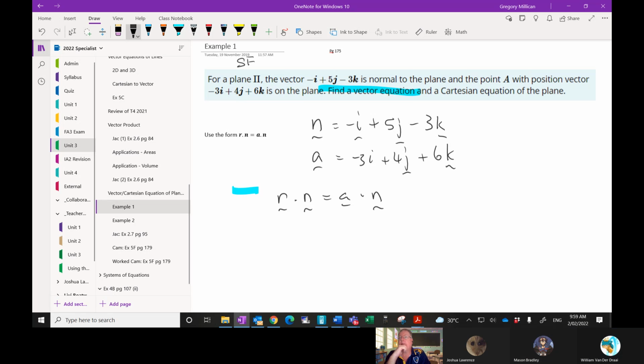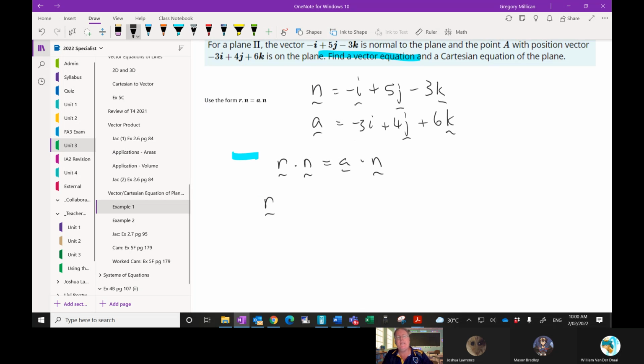It's any point. So it's the position vector of any point on the plane. So it's a general point on the plane. A is the position vector of a point on the plane, and r is the position vector of any other point. So an infinite number of other points on the plane. It's like the x and the y in a line equation.